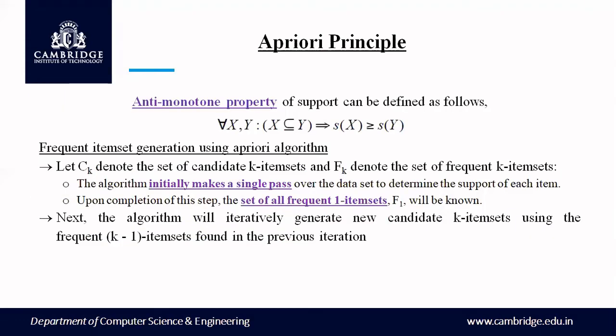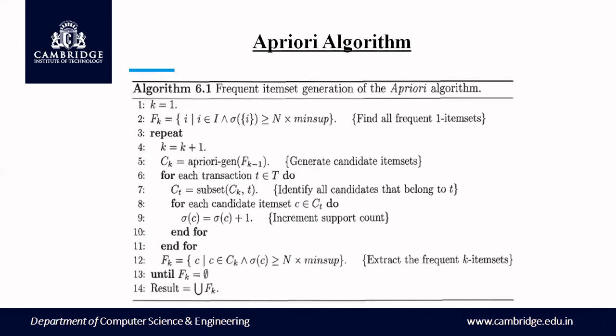So first, frequent one item sets are generated. Whichever single candidate item sets do not satisfy the minimum support threshold are pruned, and henceforth the remaining alone are concentrated upon. So it's very simple and easy.